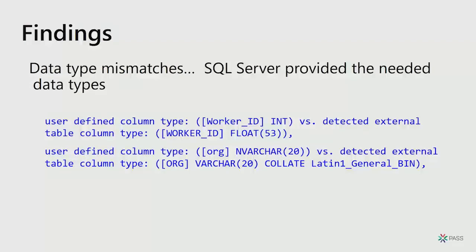So one of the things we found that was kind of cool was SQL Server will tell you what kind of data type it's expecting. So if you try to create, using probably a poor example, a Boolean on a table that should be a float, it'll tell you, yeah, you thought it was this, but it's really this. And that was kind of helpful. In 2016, all you got was an error message. It didn't tell you why it was erroring.